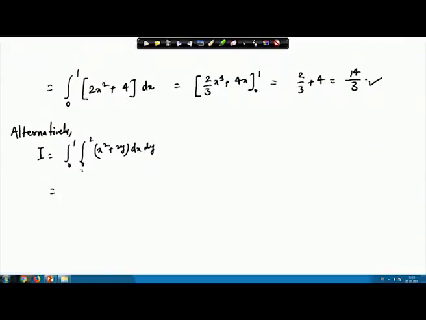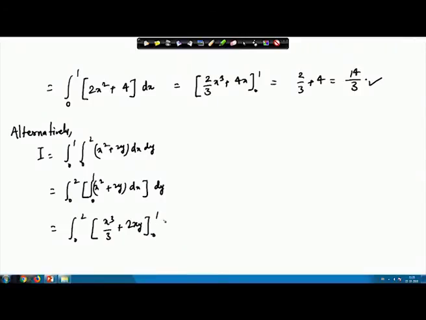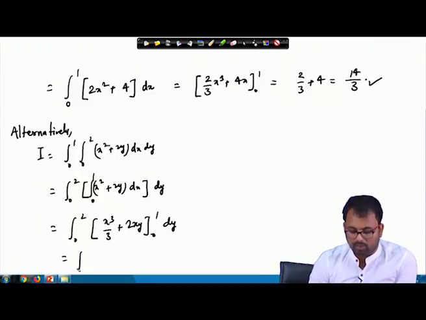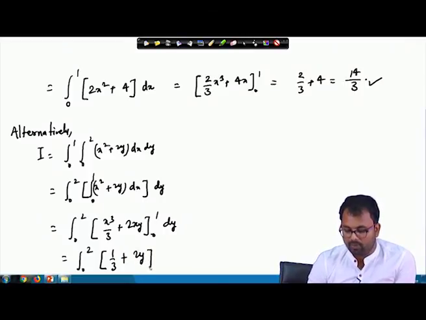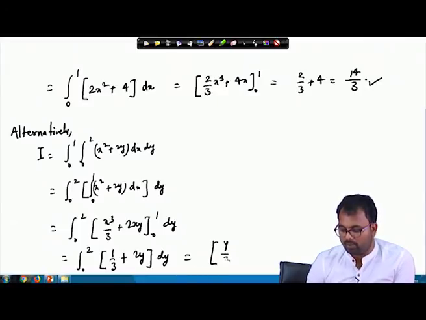So, here if I integrate with respect to x first, then I can write it as x square integral 0 to 1 plus 2y dx and then dy, and if I integrate with respect to x, then this will be x cube by 3 plus 2xy integral from 0 to 1 dy, and this will be integral from 0 to 2 1 by 3 plus 2y dy, and if I integrate this, then this will be y by 3 plus y square integral from 0 to 2.